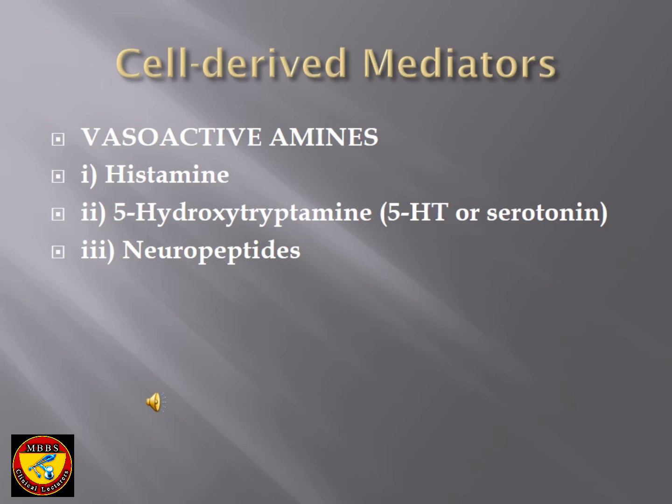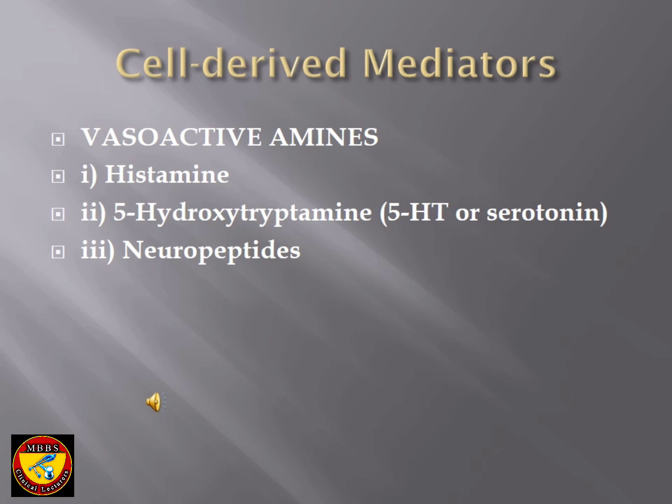Now, as we have discussed, chemical mediators are divided into two major groups. One is cell-derived mediators and the other one is plasma mediators. Cell-derived mediators are further divided into vasoactive amines. In vasoactive amines, we have three different mediators.